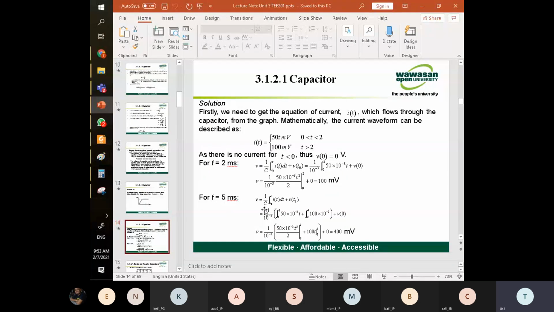But for t equal to 5 milliseconds, 0 to 2 is this function, and 2 to 5 is just constant 100. You need to do it separately, and then you come up with 400 millivolt.